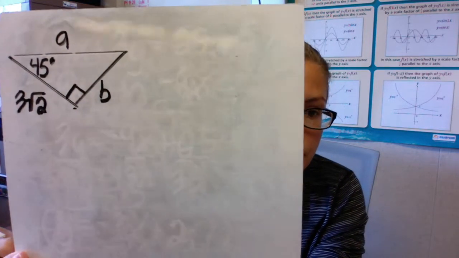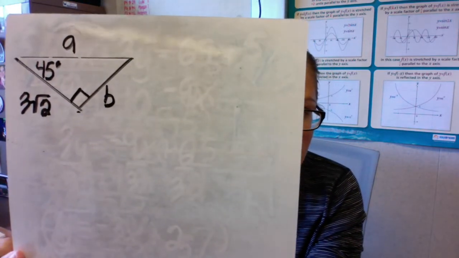Okay, next one is to find the missing side. This is number 1.